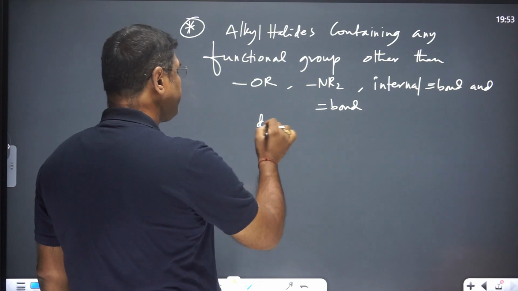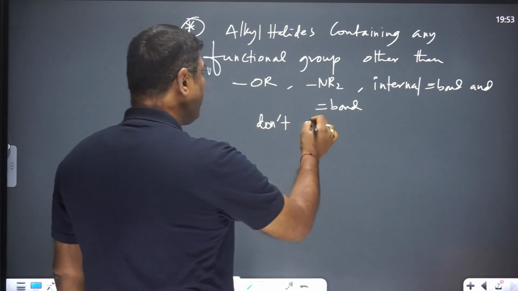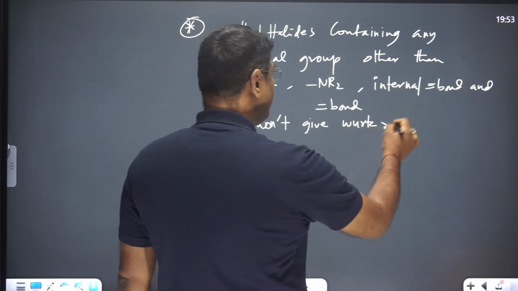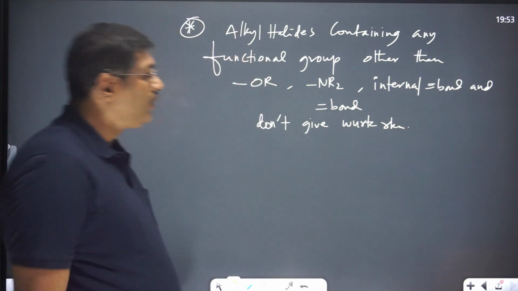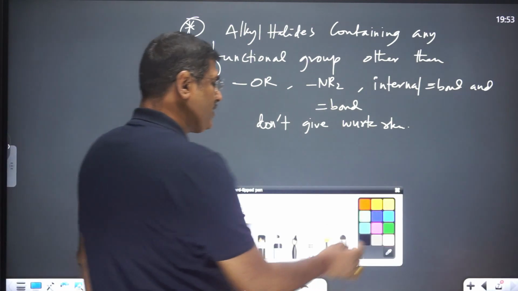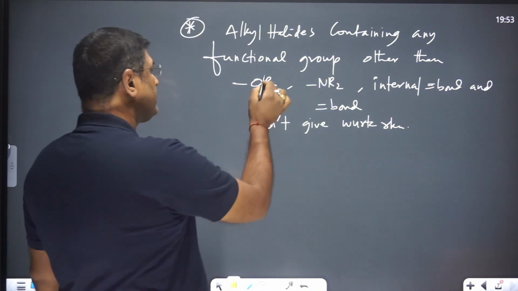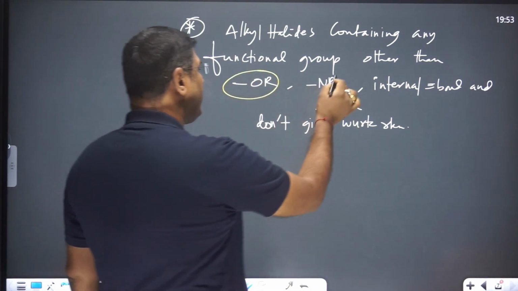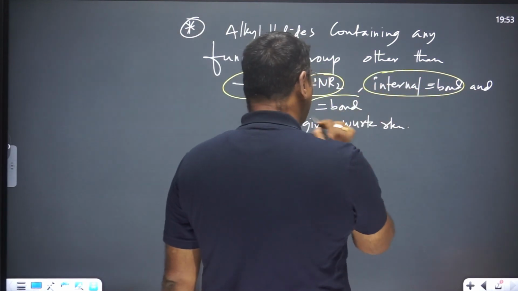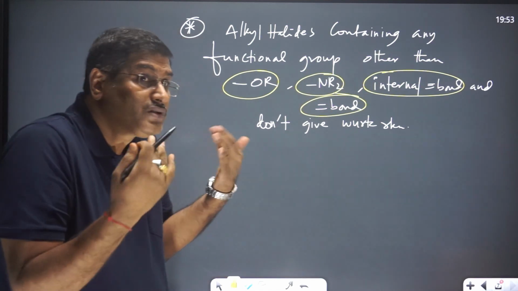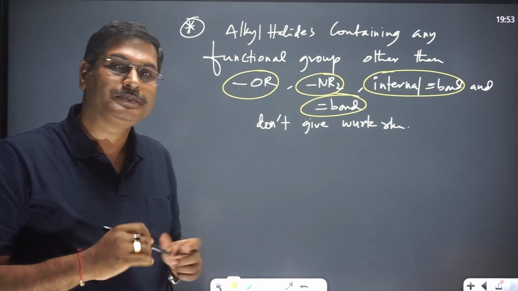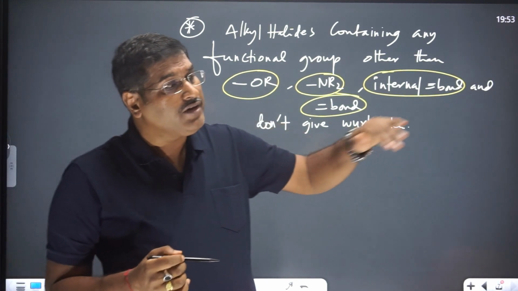They don't give the Wurtz reaction. Why? Because other than OR, NR2, internal triple bond and double bond, all other functional groups are more reactive than the halogen towards Na. Another kind of reaction starts.